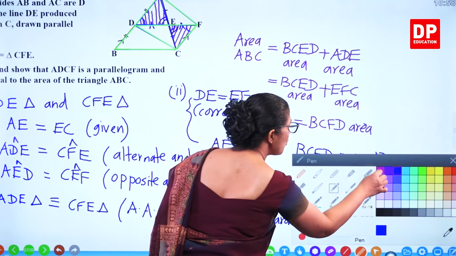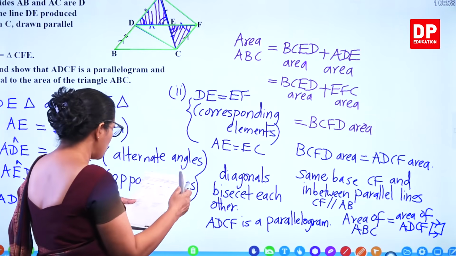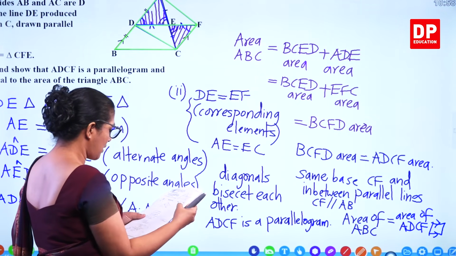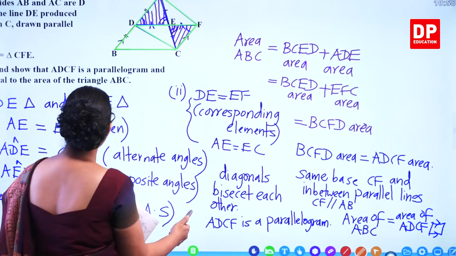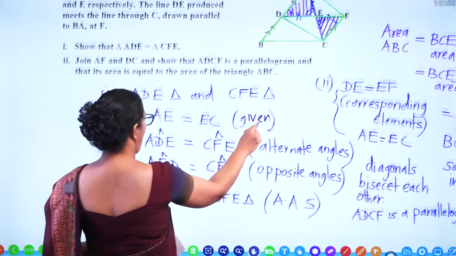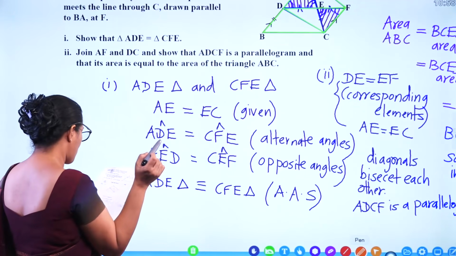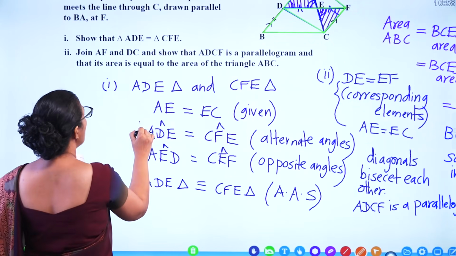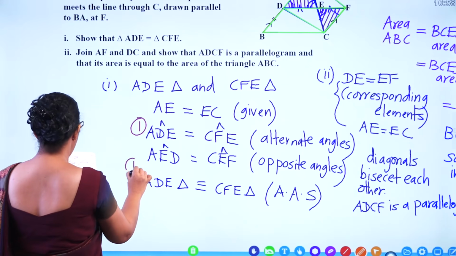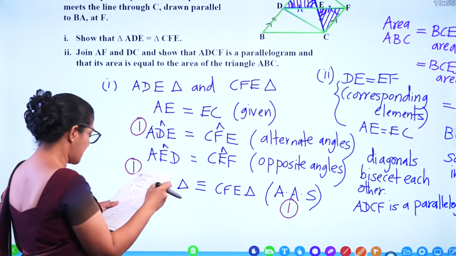Now we'll see how you get marks. According to the marking scheme, you get 3 marks for identifying the congruency: angle, side, 3 marks for the first step.